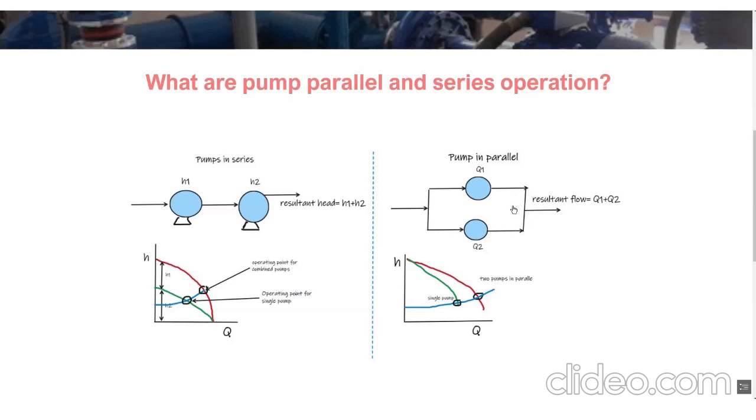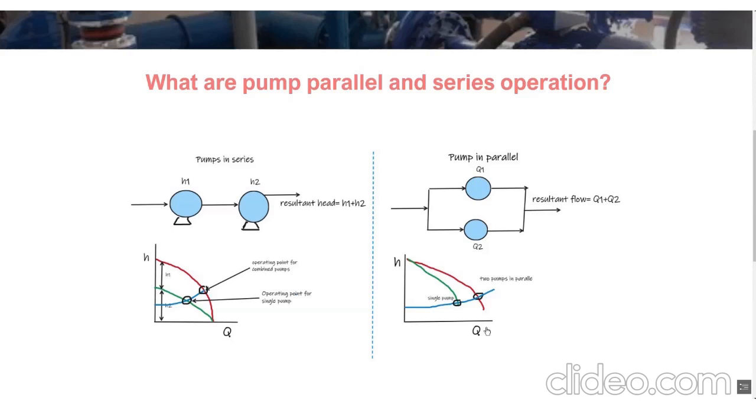So in this way, we are not adding head or pressure into the system, rather we are increasing the flow within the system, and the net resultant flow will be equal to Q1 plus Q2, which is the sum of the first pump and the second pump.